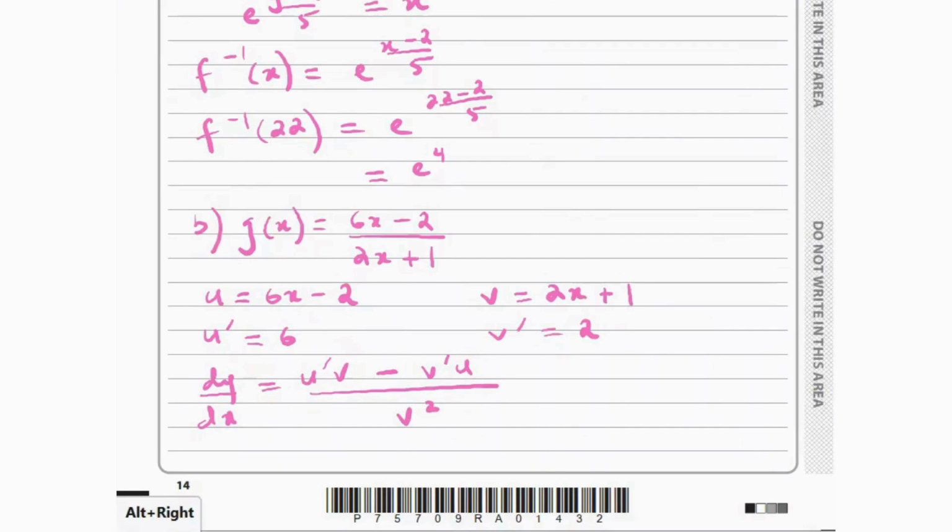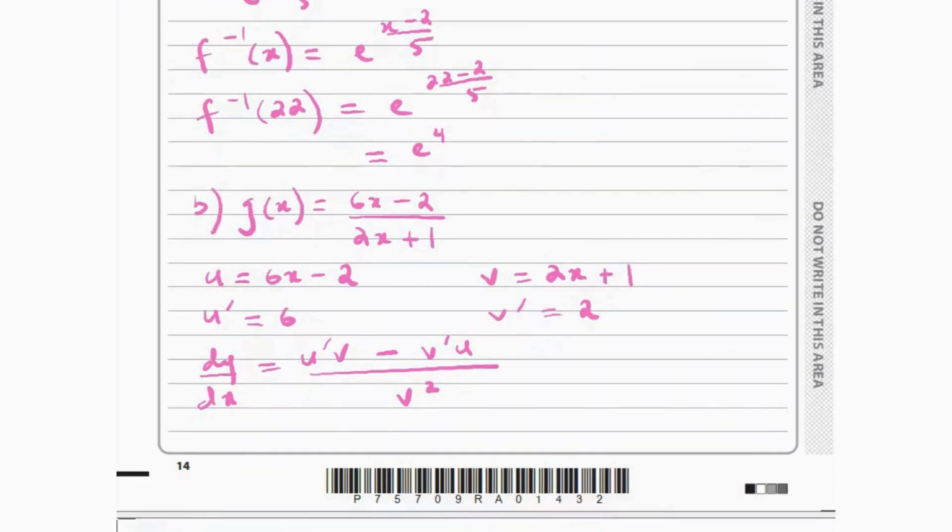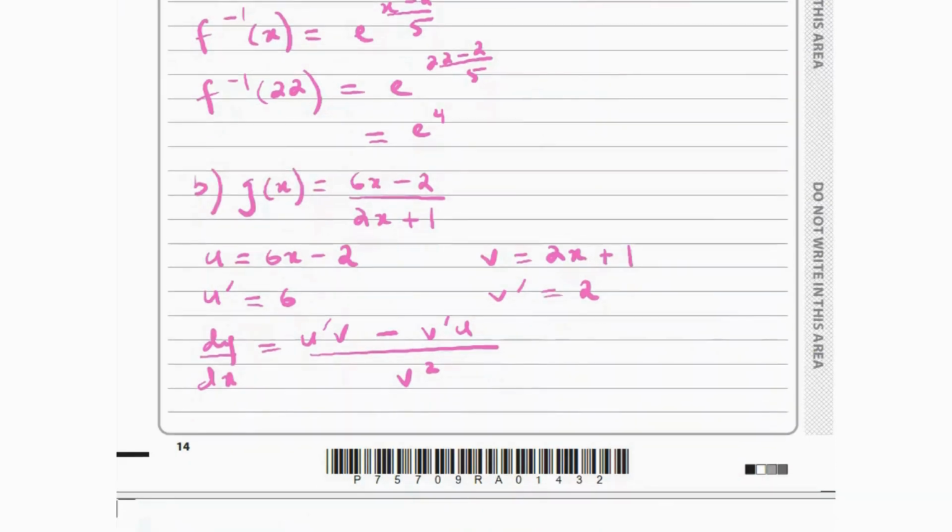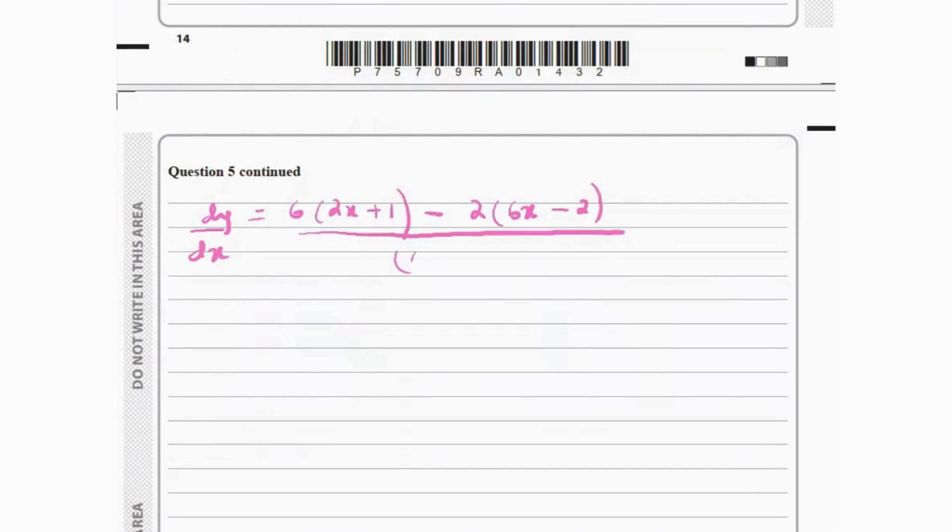So we put the values in this formula and solve it. dy by dx is going to be 6 times (2x plus 1) minus 2 times (6x minus 2), divided by (2x plus 1) whole squared.